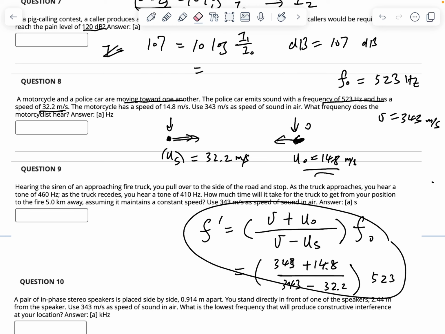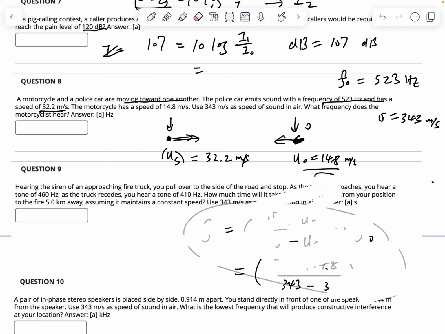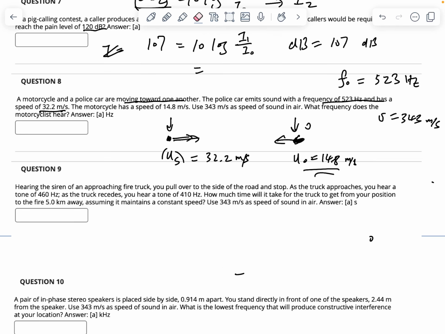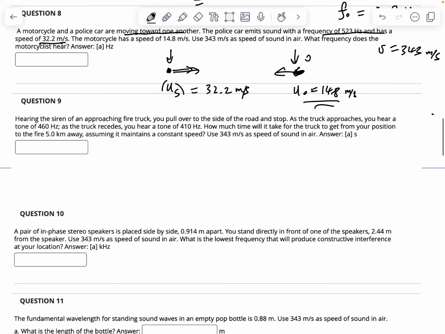Number 9. Here is the siren of an approaching fire truck. You pull over to the side of the road and stop. As the fire truck approaches, you hear a tone of F1 equal to 460 hertz.